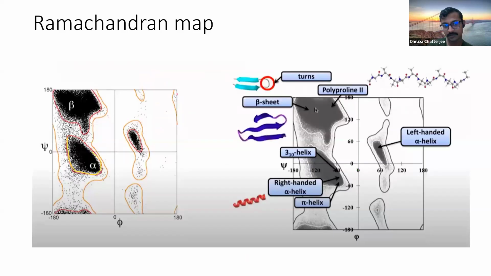It was found that the amino acid residues that typically take this density of phi and psi values tend to form the alpha helices, whereas the amino acid residues which typically assume those particular conformations that have these phi and psi angles form the beta sheets.